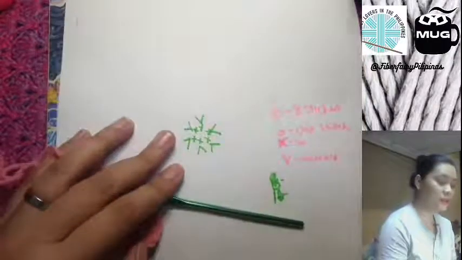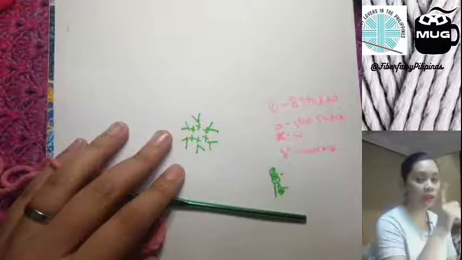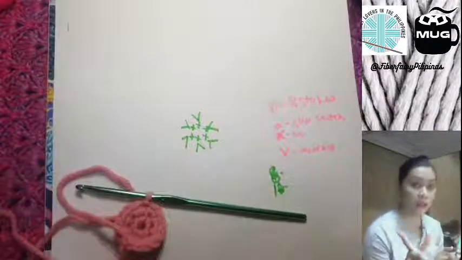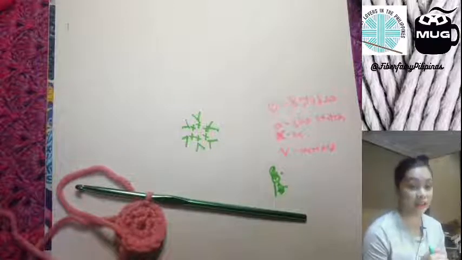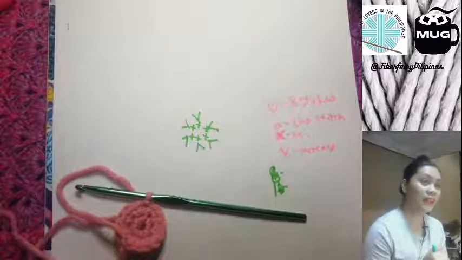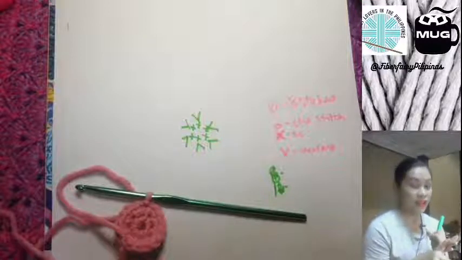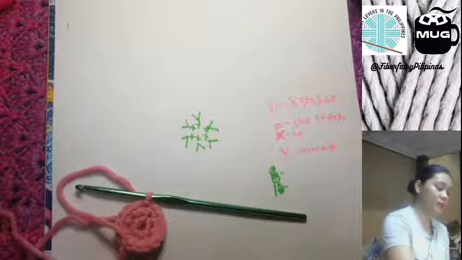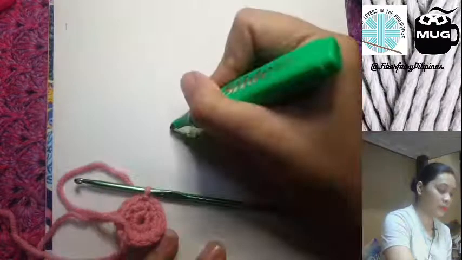So, the next row that we are going to do is dun sa either right or left ng ating V, dun sa increase natin, magkakaroon tayo ng isa pang increase. So, ang mangyayari nun is increase and then 1 stitch. Increase, 1 stitch. So, ang mangyayari is for the third row, increase, 1 stitch.